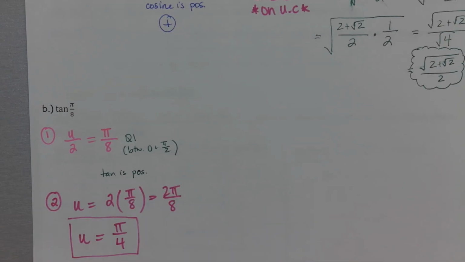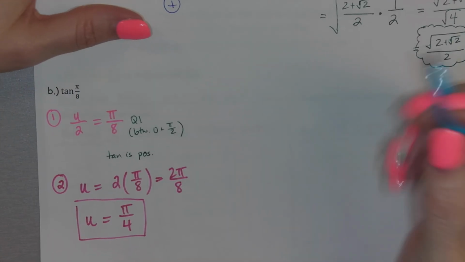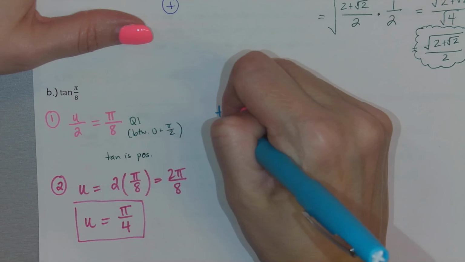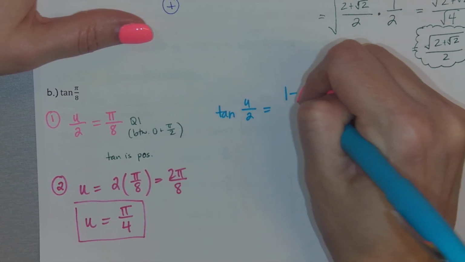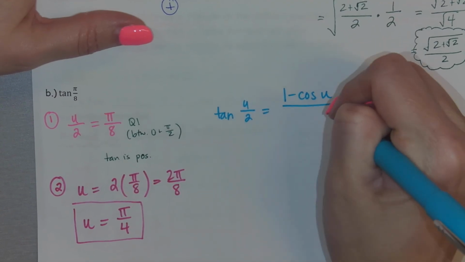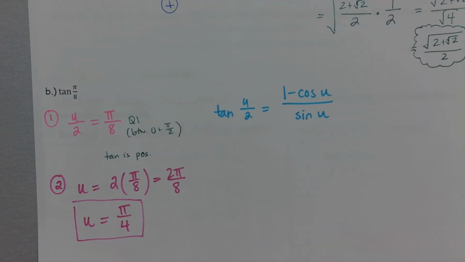Okay, so this is what you're going to end up plugging in to your equation. Now you can decide which tangent equation you're going to use. I'm going to use the first one, which is 1 minus the cosine of u over the sine of u. Okay, and pi over 4 is 45 degrees.